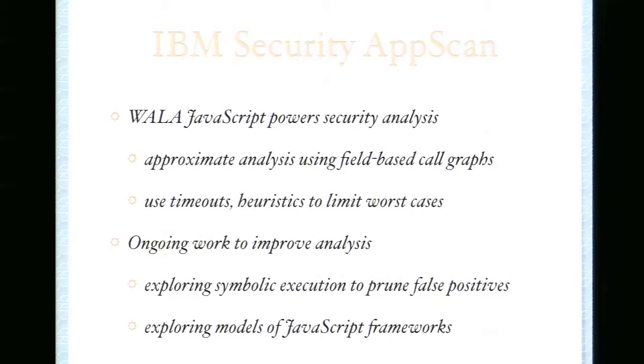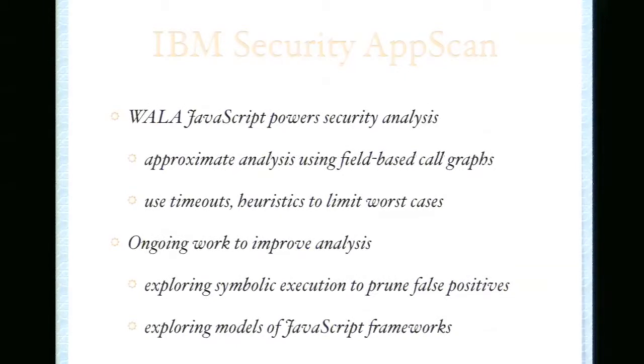But despite that, because we are also researchers, there are a couple of forms of ongoing work to improve this. One of them is using symbolic analysis. So imagine your approximate call graph with all kinds of junk in it has given you some data flow that you think is going from, say, user input to a write to the DOM.